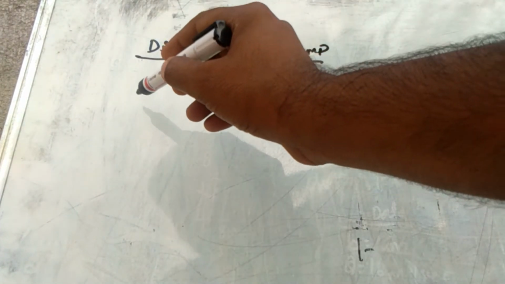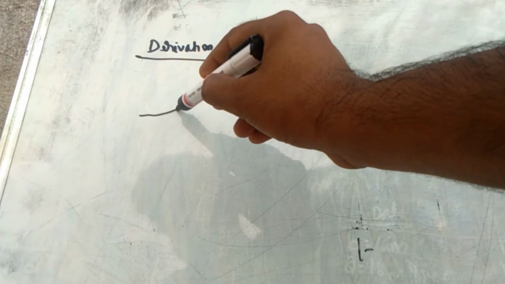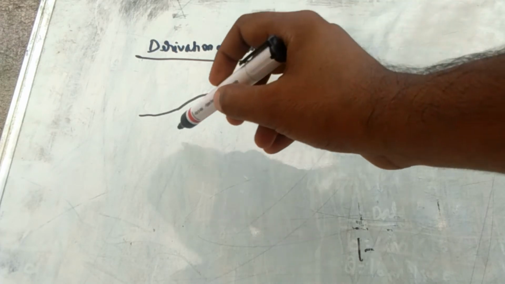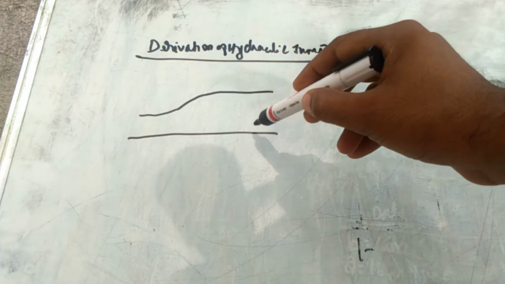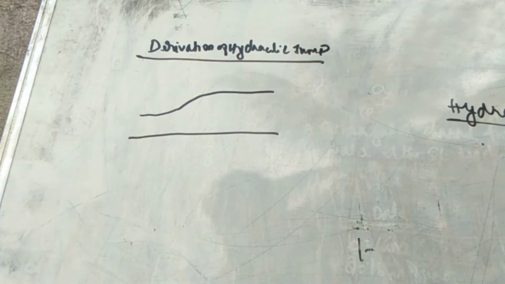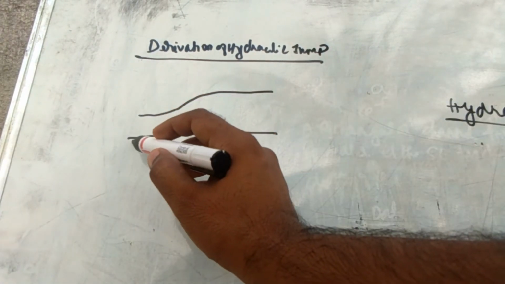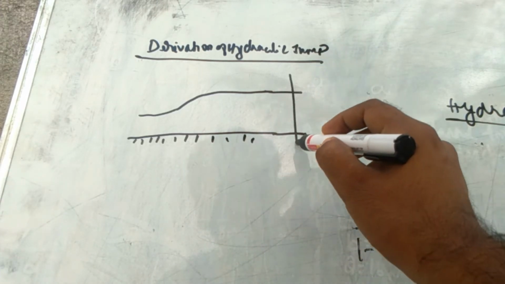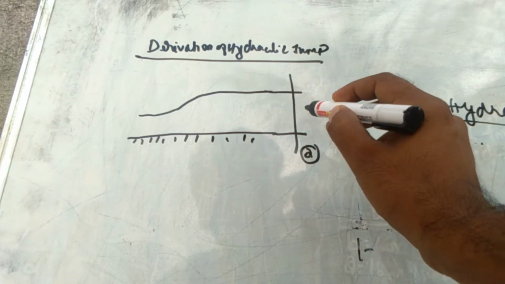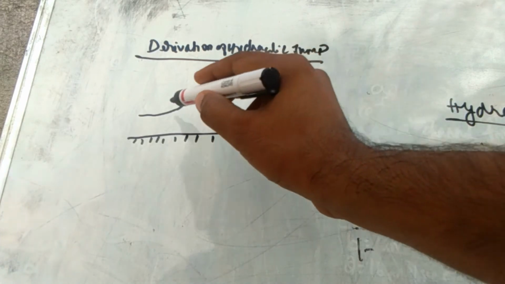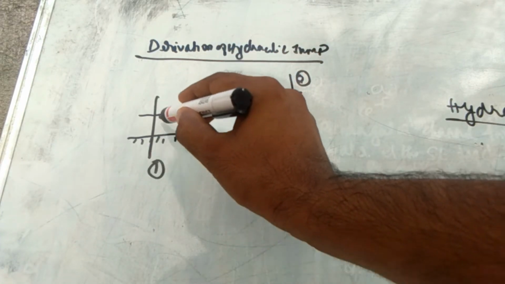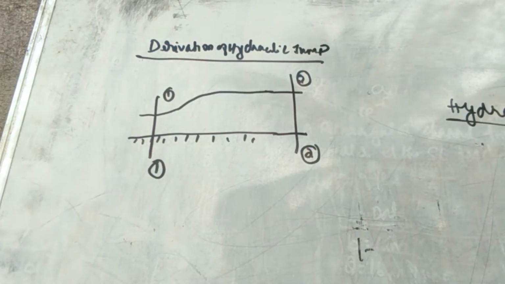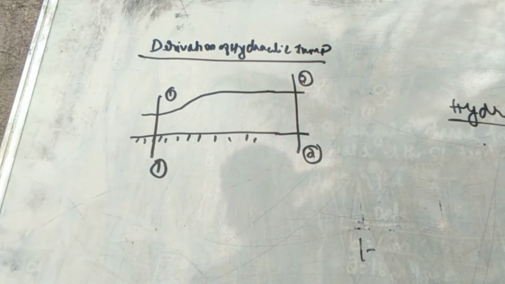First, the water is flowing and we are considering two sections. This is the bottom surface of the flow. The two sections are section 1-1 and section 2-2.